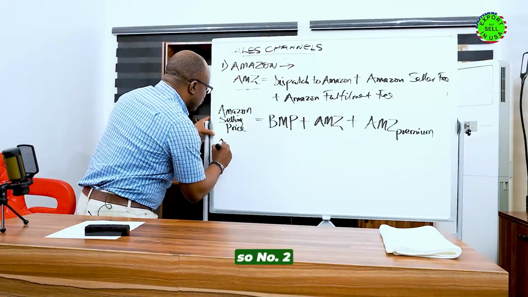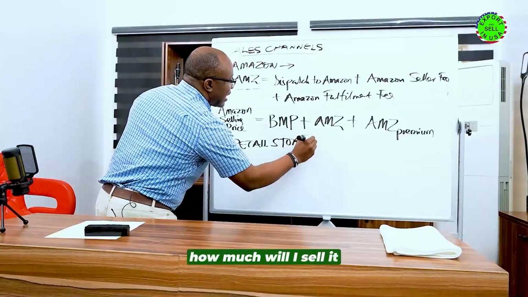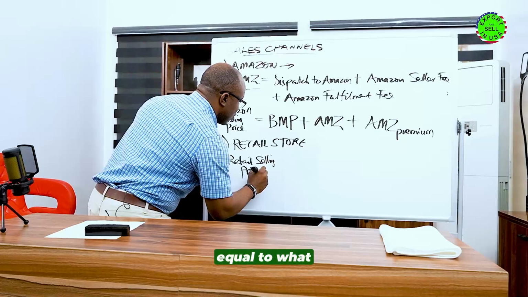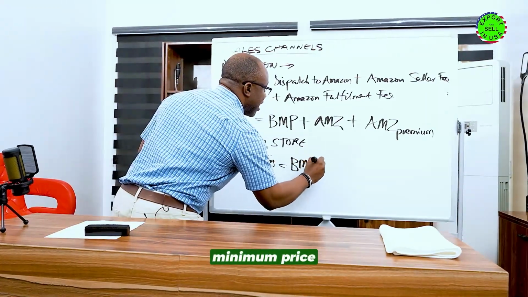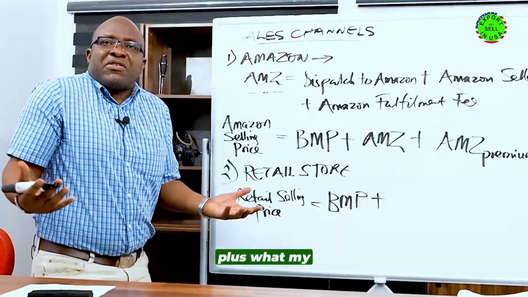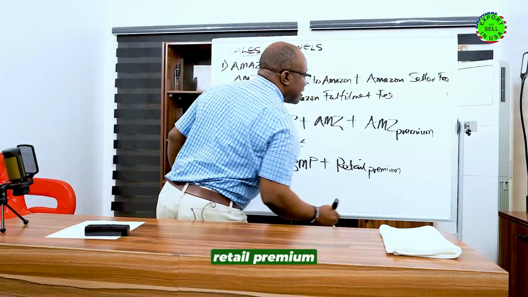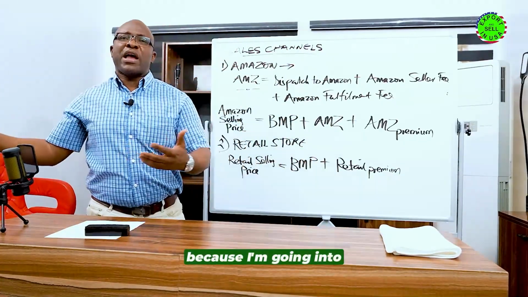So number two, if I were selling it to a retail store, how much will I sell it for? My retail selling price is now equal to what? I'm sure by now you know the BMP, my base minimum price, plus what? My retail markup. I'll call it my retail premium. And again, my retail premium is the extra I add because I'm going into export.